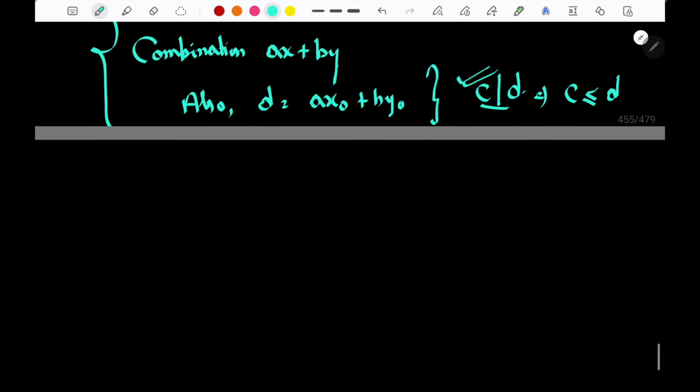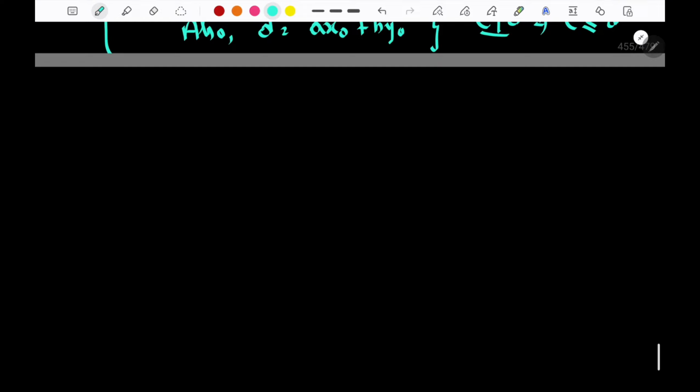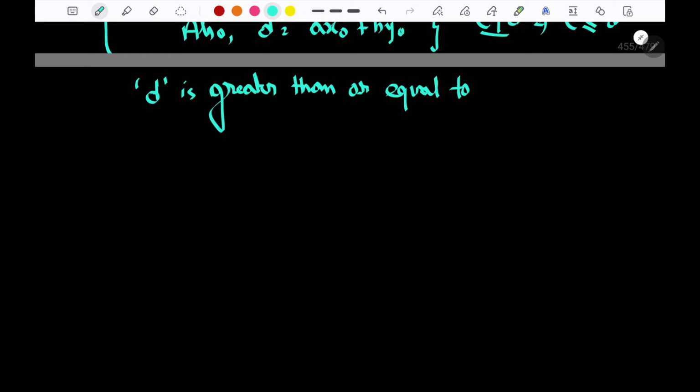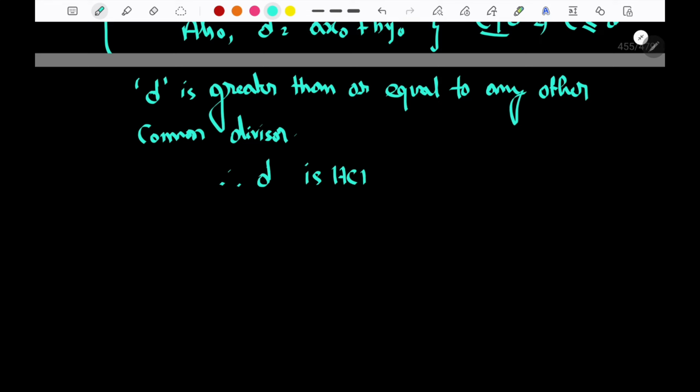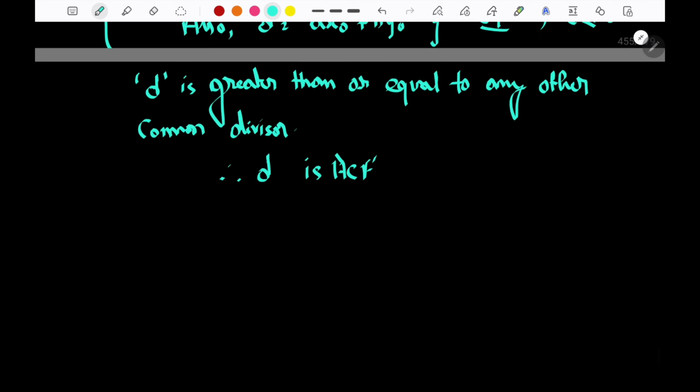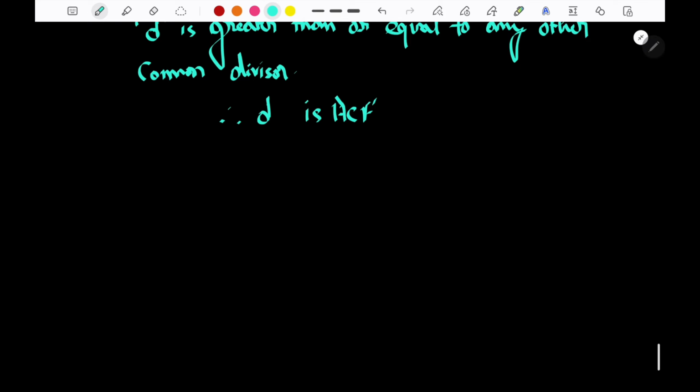It means eventually d is greater than or equal to any other common divisor. So d is the highest common divisor. So therefore d is the HCF. Done.